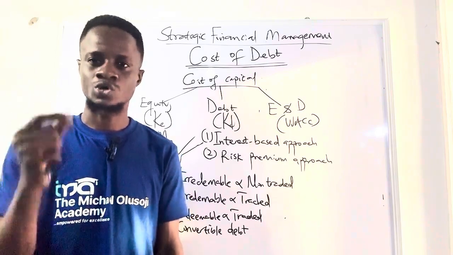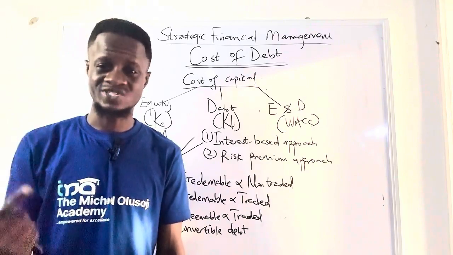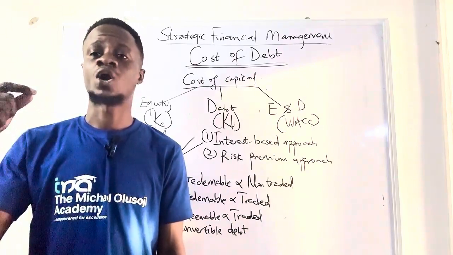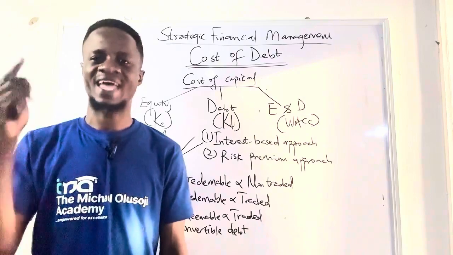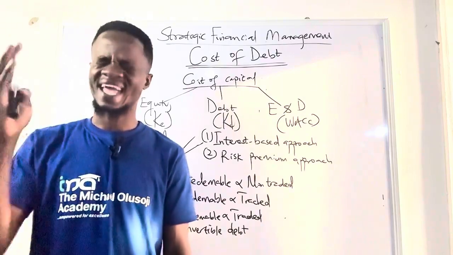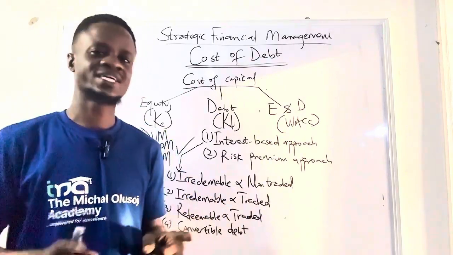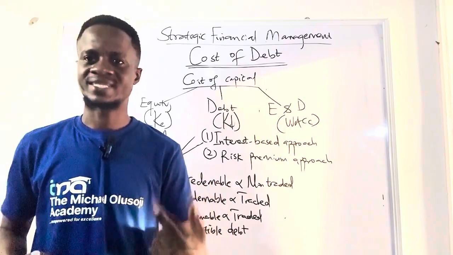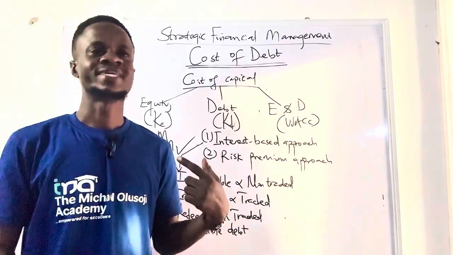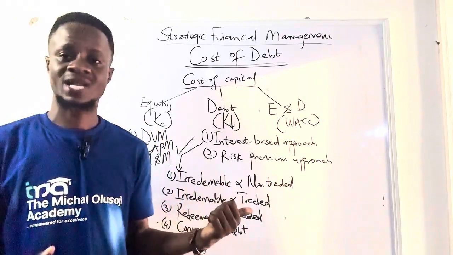I'm not giving you this 100,000 naira back forever, but I'm going to continually give you interest of maybe 10,000 naira every year for the rest of your life. That means there's no maturity date for the principal amount of money.